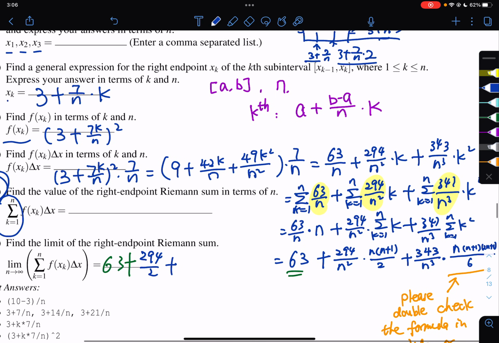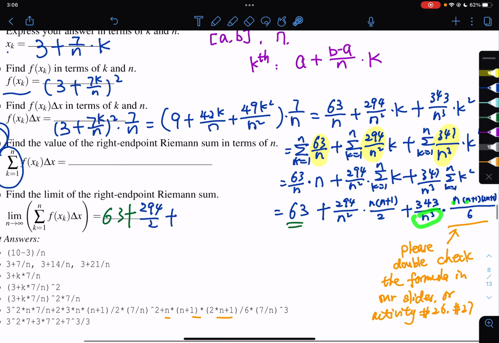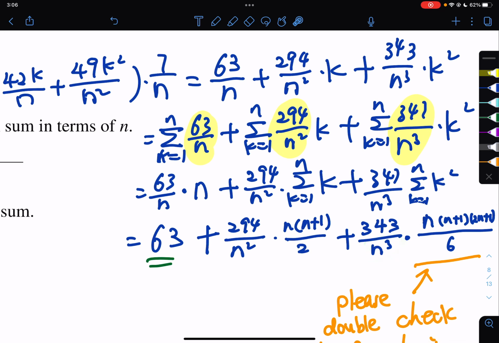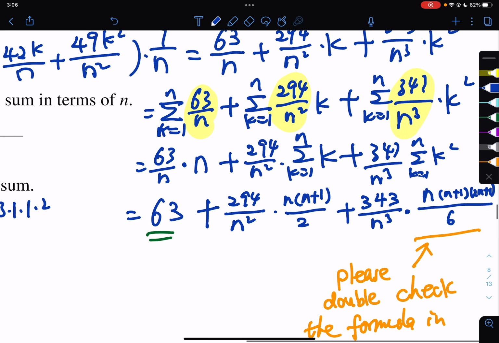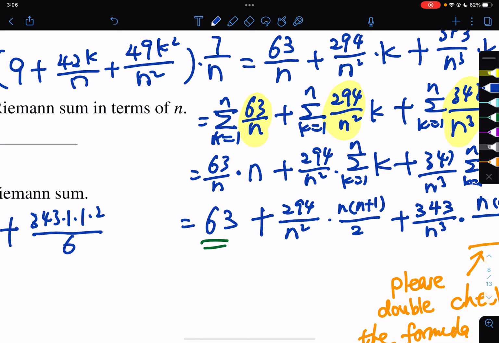Along the same line of thinking, this is an n cubed term over a cubic polynomial, so again it's the ratio of leading coefficients. So it's 343 times 1 times 1 times 2, divided by 6, the leading coefficient of the denominator.